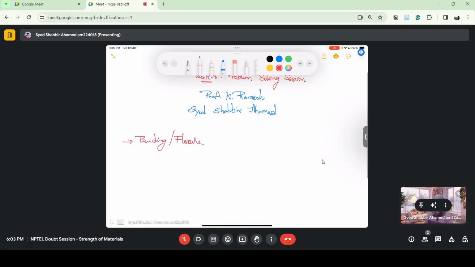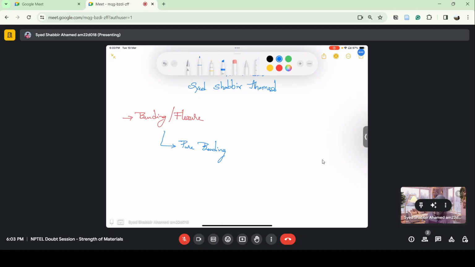Whenever we say bending, we are talking about pure bending. Pure bending is when only bending moment is present and shear force and other things are zero. We can see how to include shear stresses in your design and analysis in the next week.